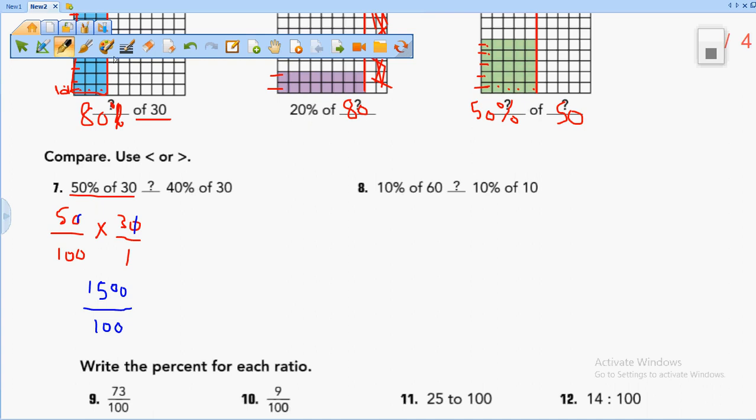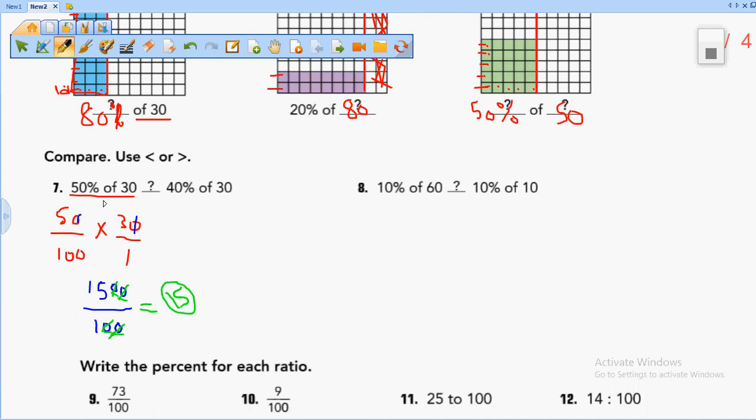Now, if we want to find the value of 1500 divided by 100, we can cancel the zeros from the numerator and the zeros from the denominator. We have to cancel the same zeros. Here we have two zeros inside the numerator and two zeros inside the denominator, so we will cancel them. Two zeros by two zeros. So 15 divided by 1, so the final answer is 15.